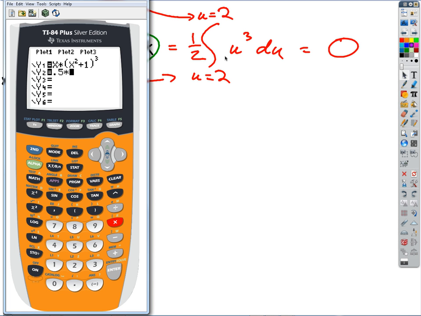So I've got 1/2 times x cubed. I'm going to turn the top graph off, just leave the bottom one on. And let's graph this from 1.5 to 2.5. Let's see what this looks like.